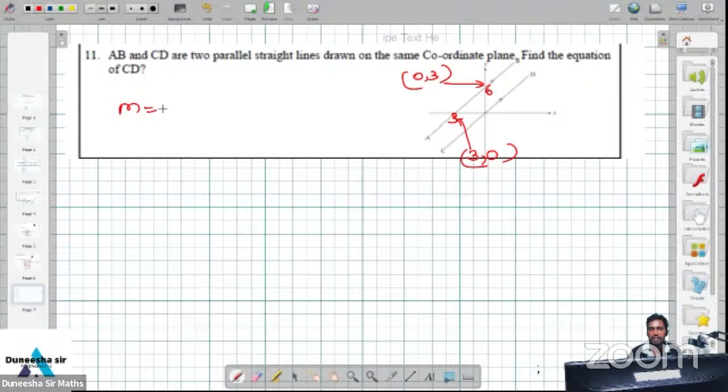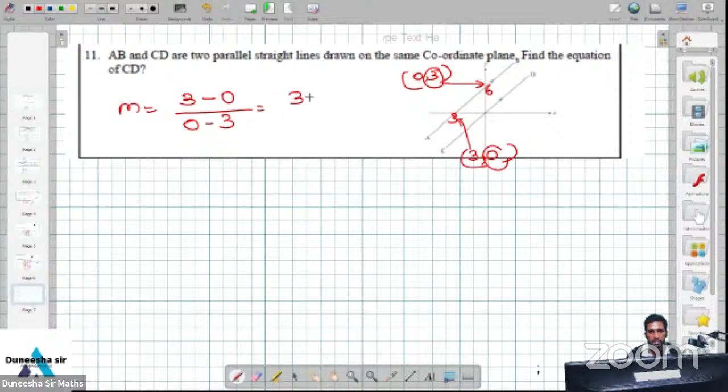Okay. Gradient is how much? You have to find the gradient. ග්‍රැඩියන්ට් එක අපි කොහොමද හොයන්නේ? You can take one y coordinate minus the other y coordinate, divided by 0 minus 3. අනිකෙන් අඩු කරනවා.